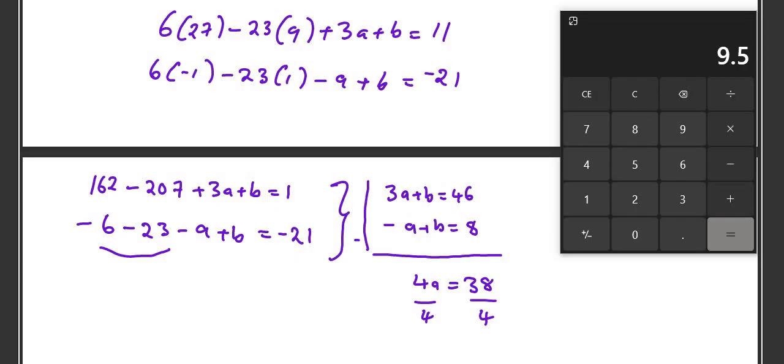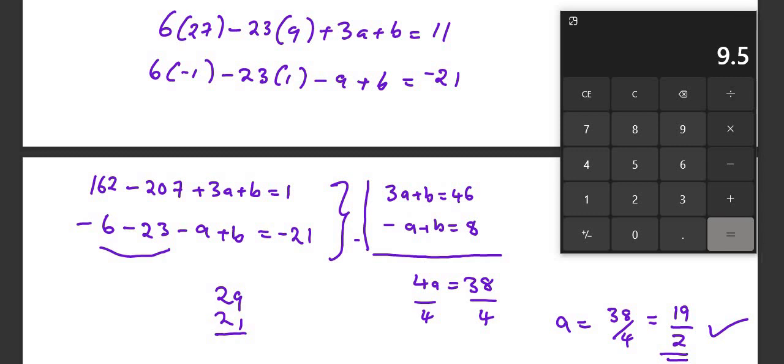I think I've made a mistake somewhere here, but just try to verify. That's going to be 38 over 4, which can be reduced. So 2 there, that's going to be a 19. Then here, simply going to get that. So I'm getting my a to be this. This is going to be a 9, because 29 minus this, that's going to be 8, of course. That's okay.